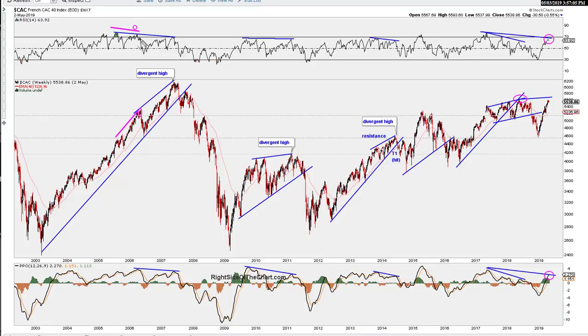Shot across the bow. We pushed back up, the divergences continued to extend, and then that was it. So that's what we may have here, or we could continue to burn through those. But I just wanted to point out that the story is very similar, at least the technical posture, in a lot of the major stock markets around the world.